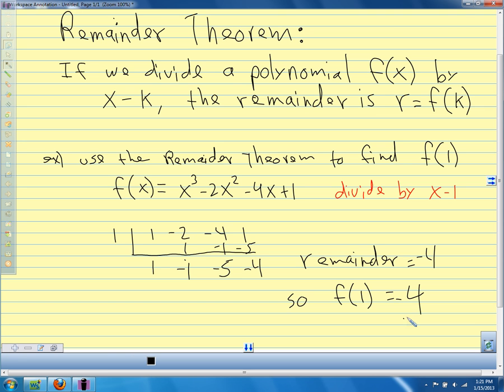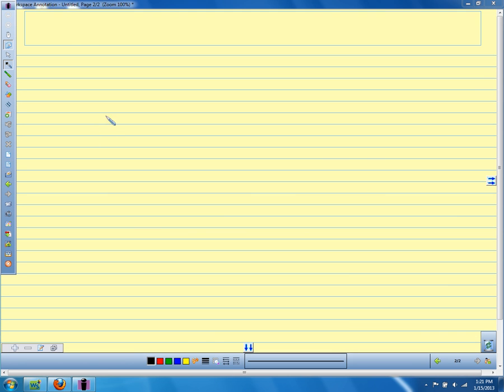So that's one way we use synthetic division, to evaluate a function. We use the remainder theorem to evaluate the function. The second way that we use synthetic division is probably the more important, more powerful way, and that's what we call the factor theorem.